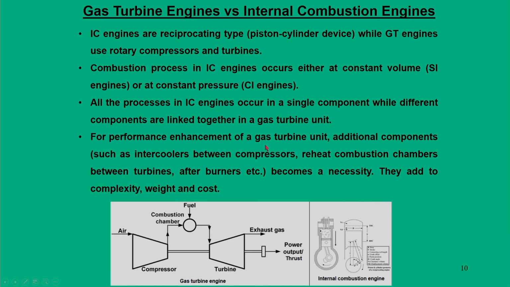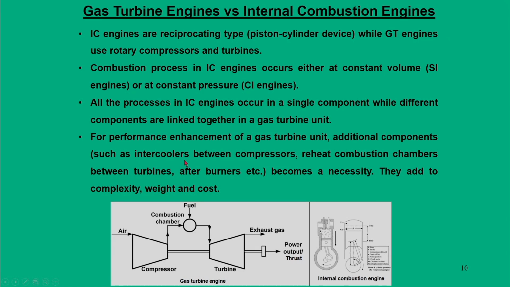The performance enhancement of a gas turbine unit also involves additional components. Whatever I have shown here is a simple system, but additional components are involved in a gas turbine unit for performance enhancement. We will see them in the subsequent class. They are known as intercoolers, which are used between compressors. This is mainly used when we go for high compression, maybe 10, 20, because a single compressor will not serve the purpose.